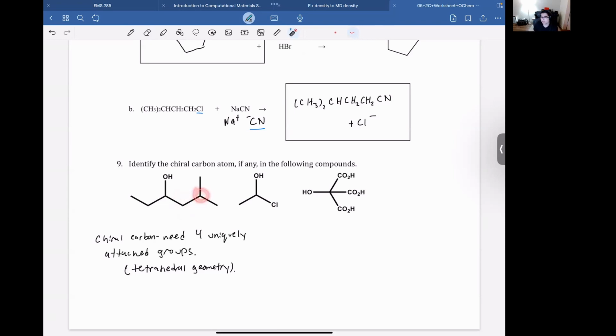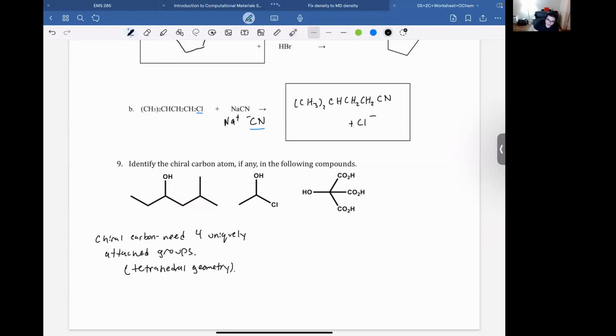What about this carbon? This carbon has this carbon chain over here. It has a hydrogen, then it has these 2 groups. It's not chiral because these are two methyl groups. That is the same, right? These methyls are not chiral for the same reasons. They have 3 hydrogens that are not drawn in. So it's not 4 unique groups.